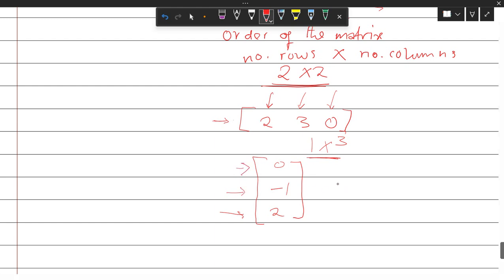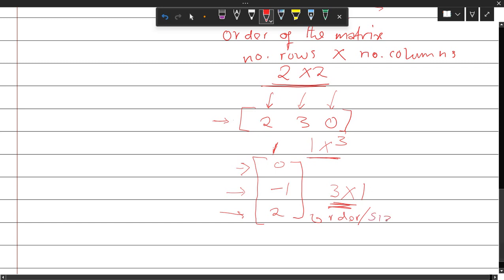This is 3 rows multiplied by the columns. You look from the top, so it's only 1 column. So this is a 3 by 1 matrix. This is how you determine the order. Some questions will ask you what is the order of the matrix. The order of the matrix is the same as its size. Other terms they can use are size. So it's important to know this before we solve the question.